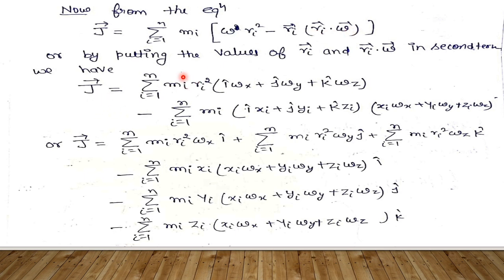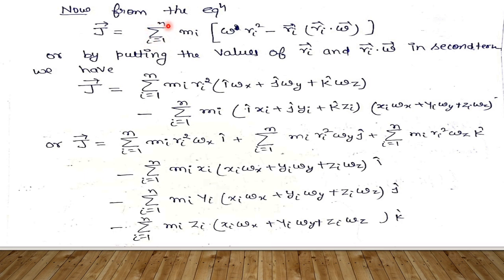J equals summation i equals 1 to n of m_i omega r_i squared. We write m_i r_i squared as it is, and omega in terms of i cap omega_x plus j cap omega_y plus k cap omega_z. This is our first term, which we have written in this form. Now for the second term we will have the summation i equals 1 to n.